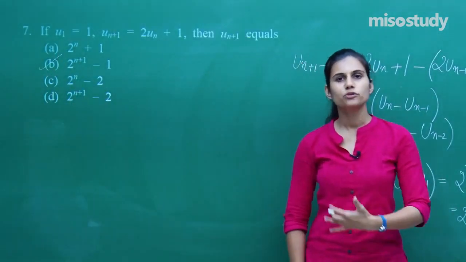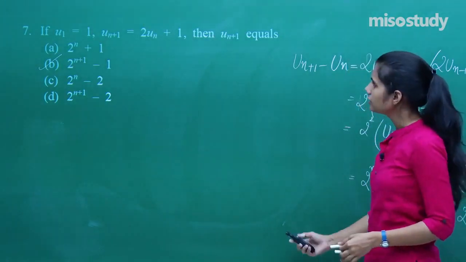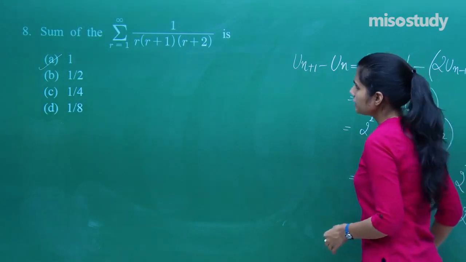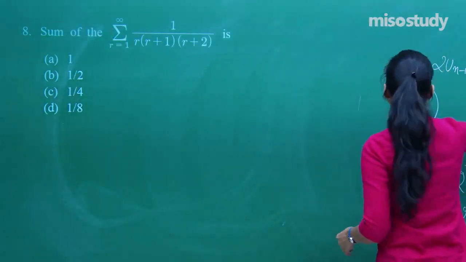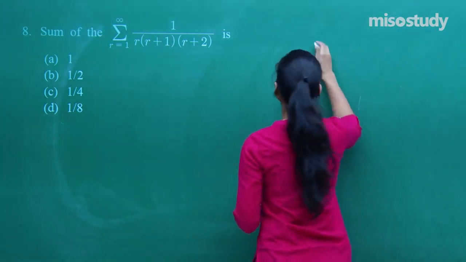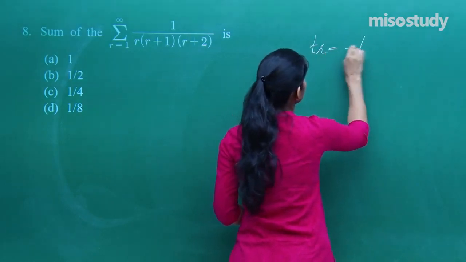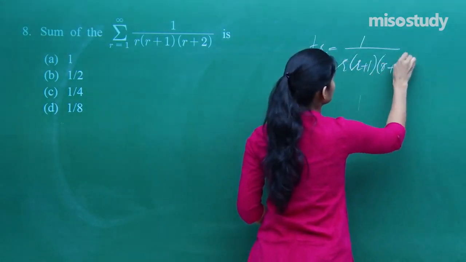Carrying this forward, same argument, carrying it forward and forward and forward, you get this. After that, you have the sum of this series. Let's see what is the sum of this series. So you are given T(r) is 1 upon r(r+1)(r+2).